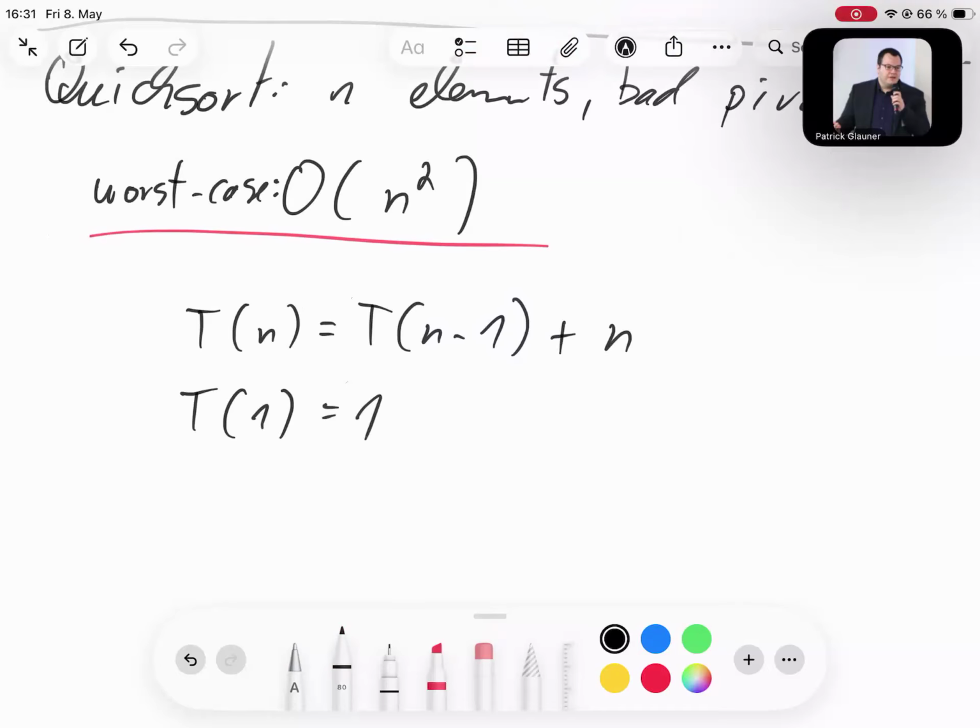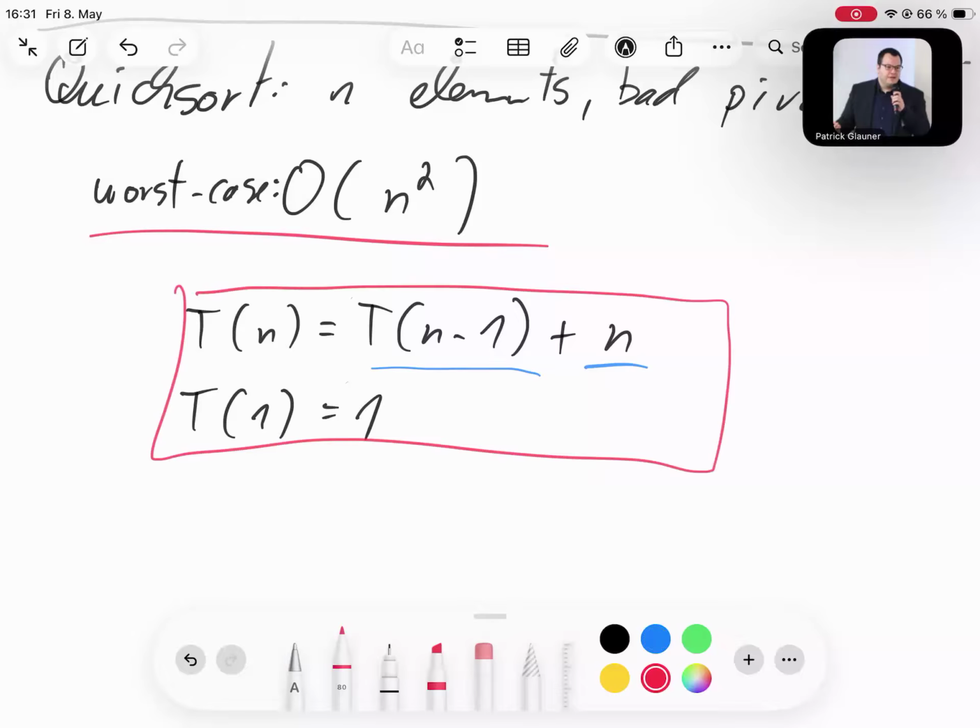Because I need n time to move all of this around, and in fact, all I have removed was just one element, because I wasn't really able to take advantage of this splitting here. So this could be a recurrence relation that you can think about and try to solve.